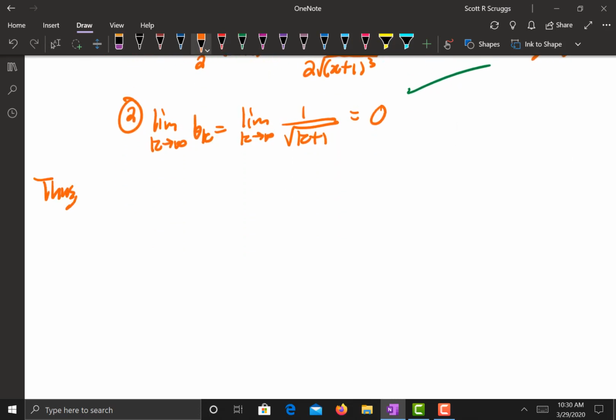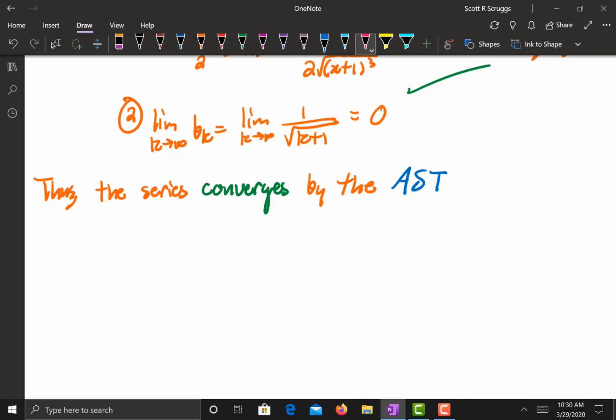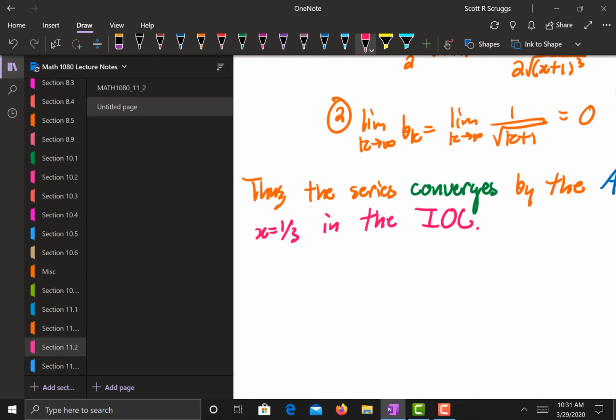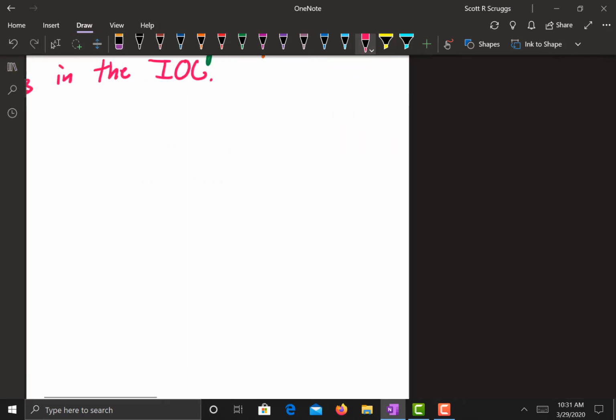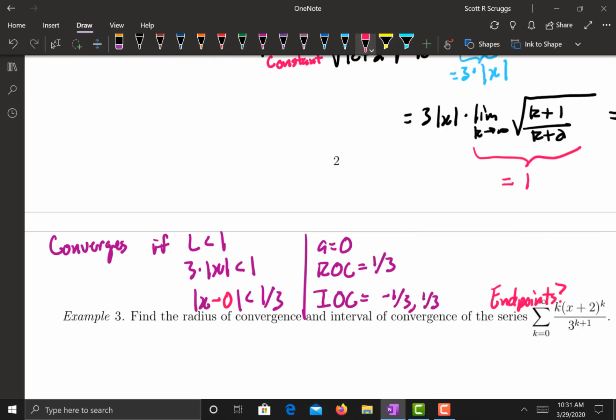Thus, the series converges by the alternating series test, which means we include x equals 1/3 in the interval of convergence, because that means that plugging in the right endpoint still gives me a convergent series.